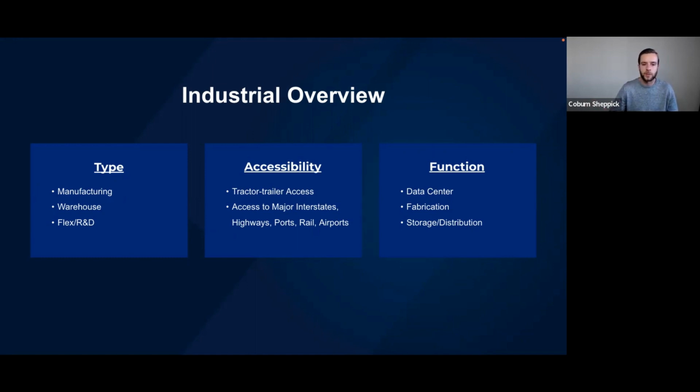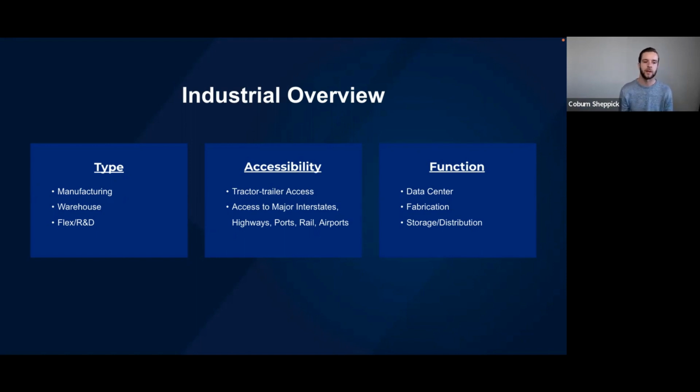And then there's more warehouse, storage space, and distribution space. So these are Amazon fulfillment centers, for example, where they're not manufacturing things there. They're storing it in a warehouse setting and distributing it out of that space.